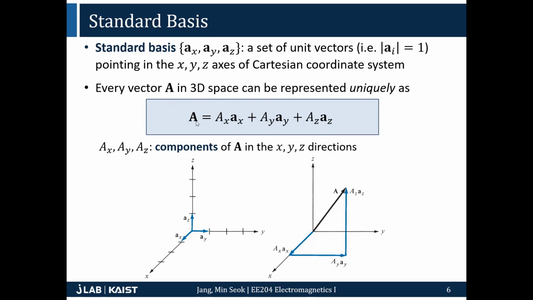Every vector A in 3D space can be represented as a linear combination, the sum of the ax, ay, az vectors and their coefficients. These coefficients, capital Ax, capital Ay, capital Az, are called components. So the small ones are bases, and capital Ax, Ay, Az are the components. So you know the distinction.